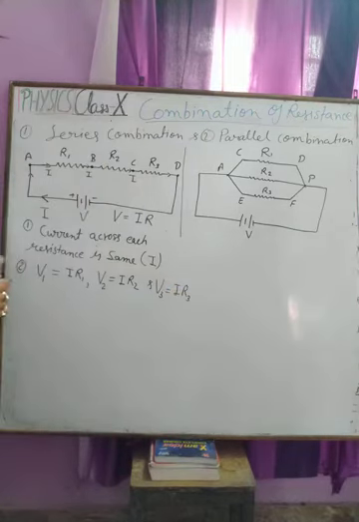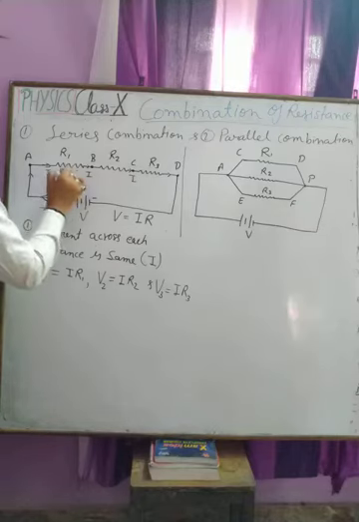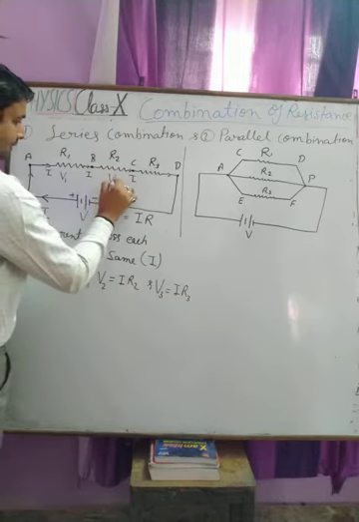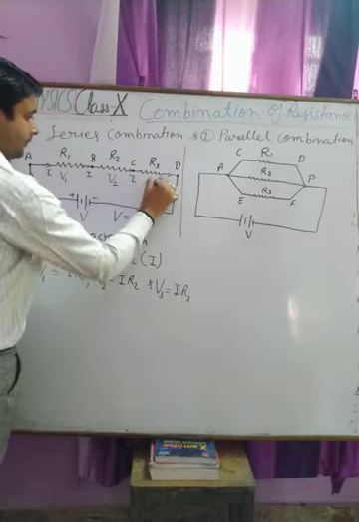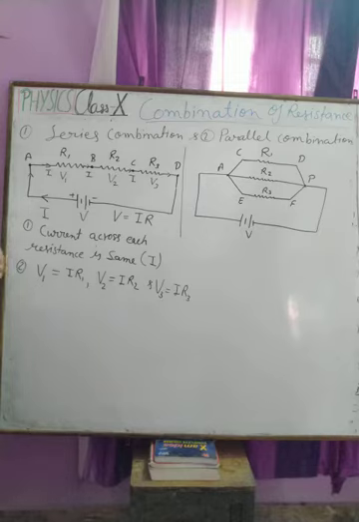It is clear? That is, at every point the value of voltage is different for every resistor. That is V1 across R1, V2 across R2 and V3 across R3.